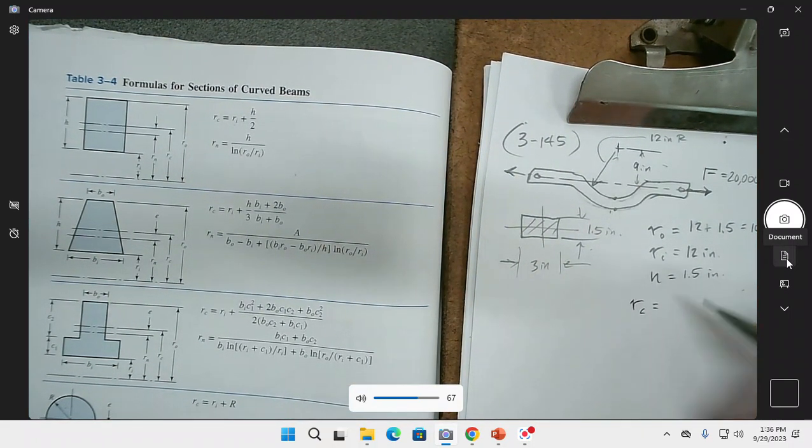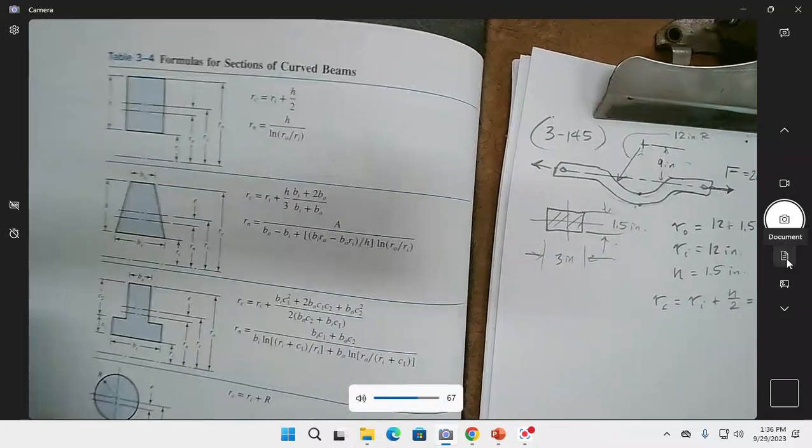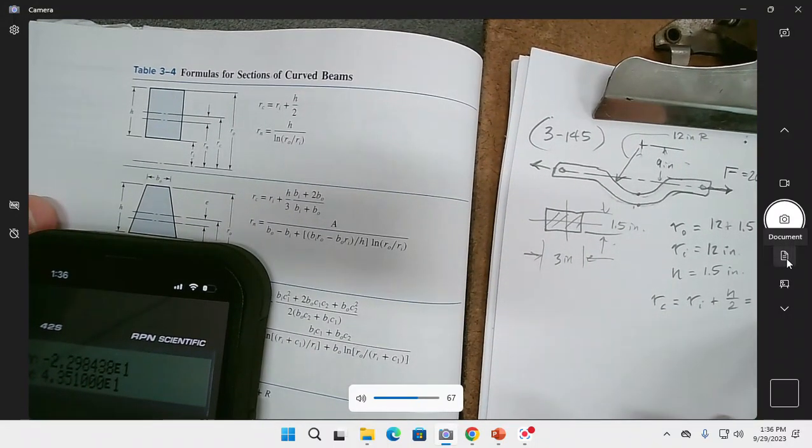RC. We could just think this through ourselves, or we could write it out. So R is going to be 12 plus 1.5 over 2. Can I do that in my head? No. So that'd be 0.75, so that'd be 12.75?